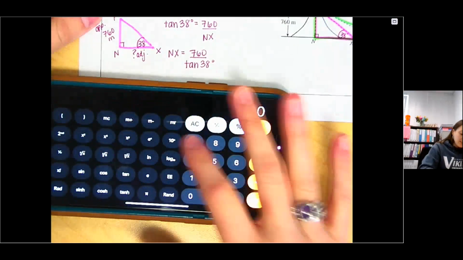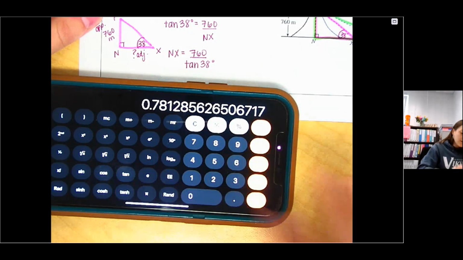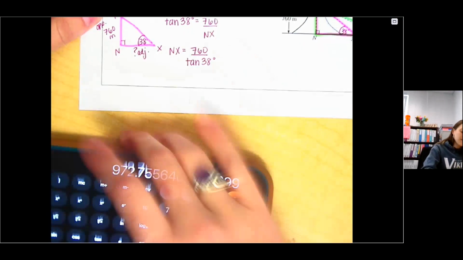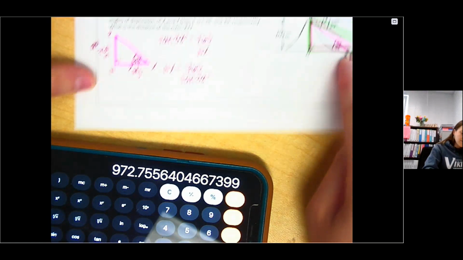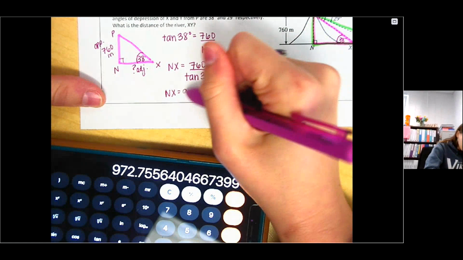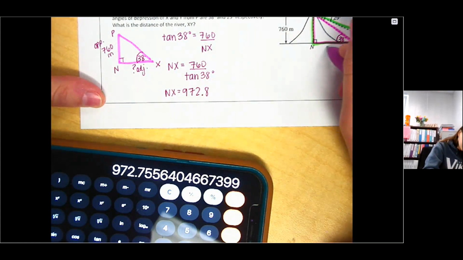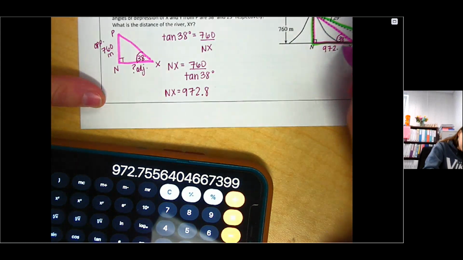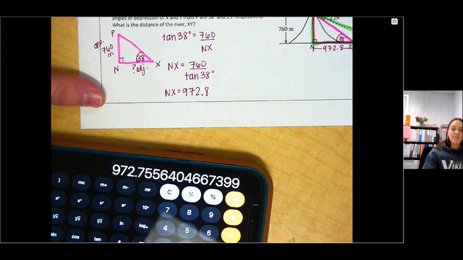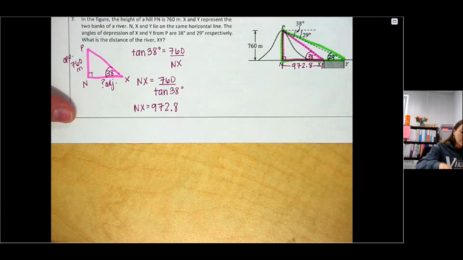So 760 divided by tan 38 equals my first distance right here, from N to X, which is 972.8. So that's right here, from this piece to this piece. It's my first one. Now I have to do the same thing for my green triangle.